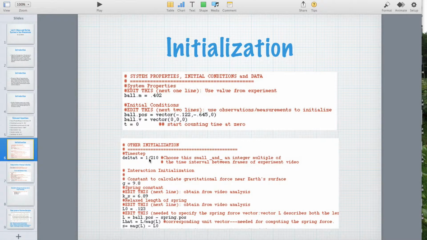Set a time step small enough to give an accurate curve, the gravitational constant equal to 9.8, the spring constant, which we got from the lecture video, to be 6.89, the relaxed length of the spring, which is calculated to be 0.123 meters, and we calculated the length of the spring using the initial position of the ball and the initial length of the spring, as well as an L-hat vector for the spring.